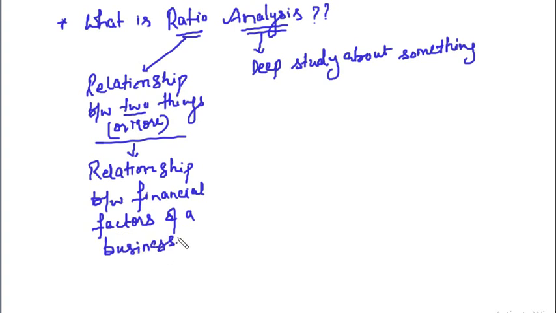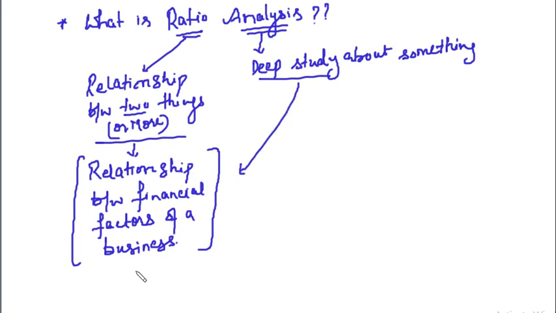So what is ratio analysis? Ratio analysis is the relationship between the financial factors of a business. So what is it? The deep study of the financial factors of the business, deep study about the relationship between the various financial factors of a business.